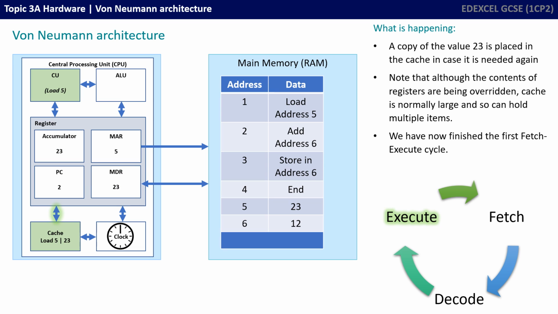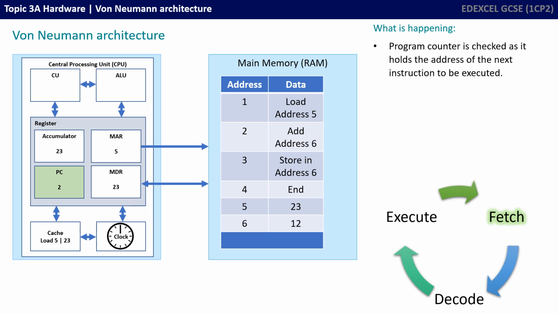A copy of the value 23 is again placed in the cache in case it's needed again. Note that although the contents of the registers are being overridden, the cache is normally larger and so can hold multiple items. We have now finished our first fetch execute cycle, so we're on to the next.